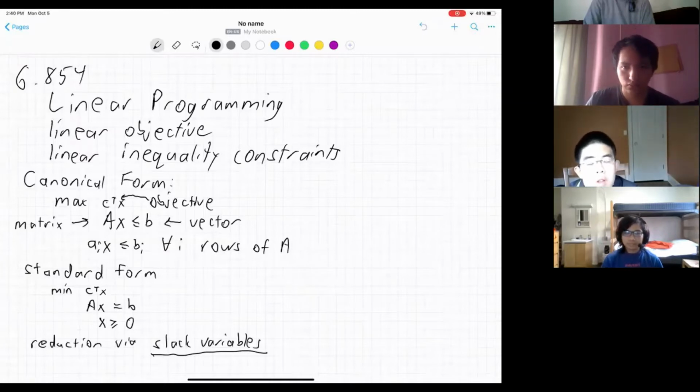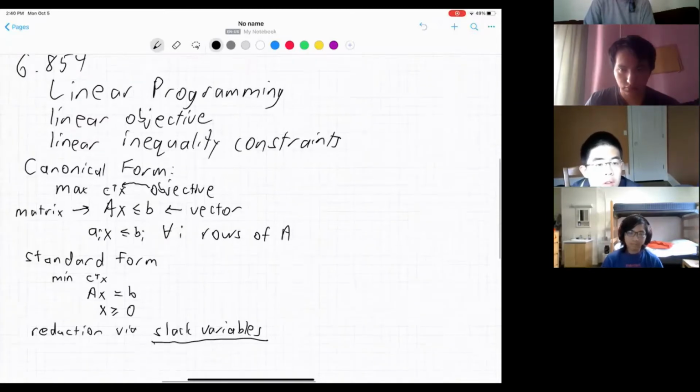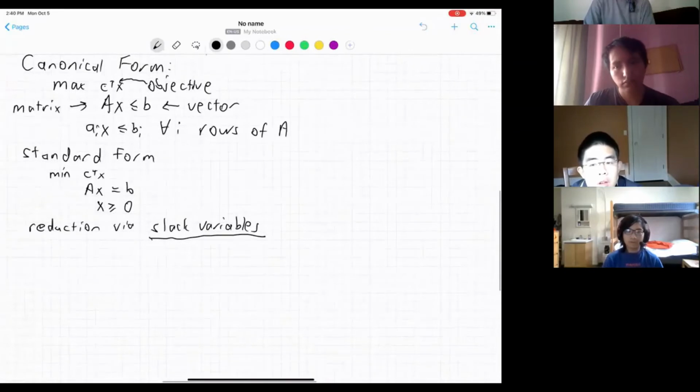Okay, so we showed that every linear program can be transformed into canonical form or into standard form. And today we're going to start talking about solving them.